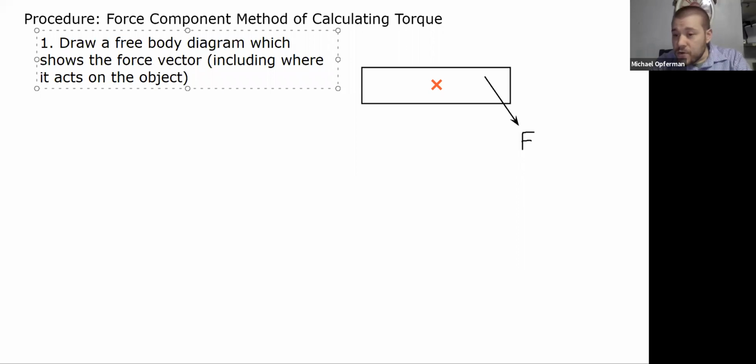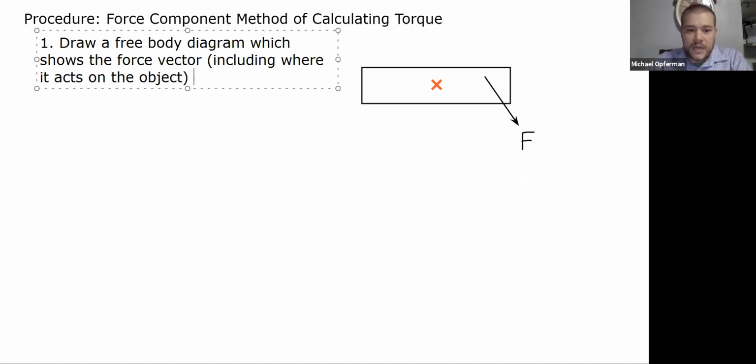It used to be good enough in the old days for us just to move all the force vectors to the center of the diagram and not worry about where they were actually located. Now it will actually be important where those vectors are located on the diagram. So which spot on the object is this force pushing on? Your diagram should include where the force is acting.